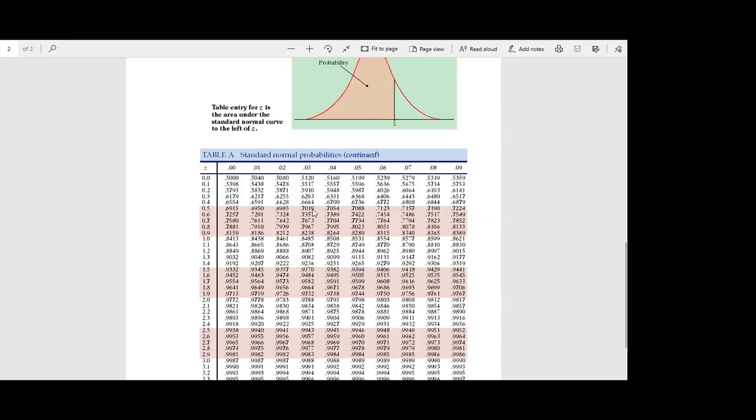In order to get the Z value, you have to ask the question, what values is 0.7019 the intersection for? It is the intersection for 0.5 from our y-axis and 0.03 for x-axis.